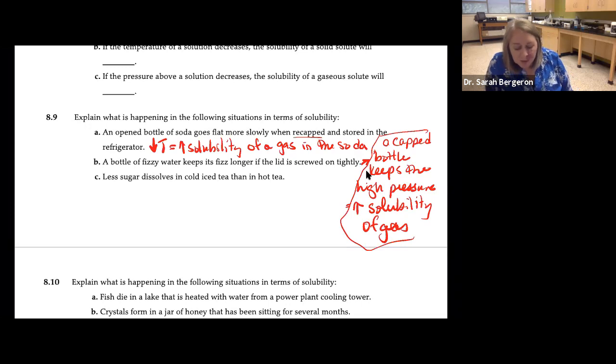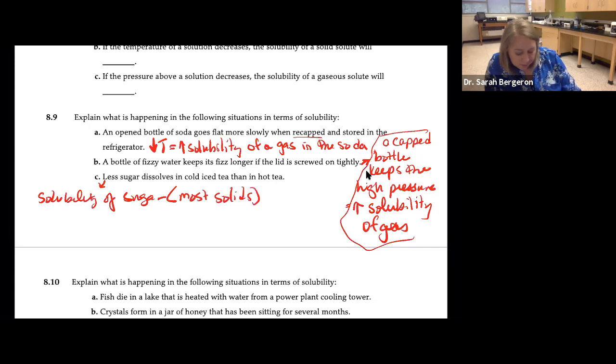All right, less sugar dissolves in cold iced tea than hot iced tea. So here, our solubility is different. The solubility of our sugar, and really this is true for most solids, decreases as the temperature decreases.